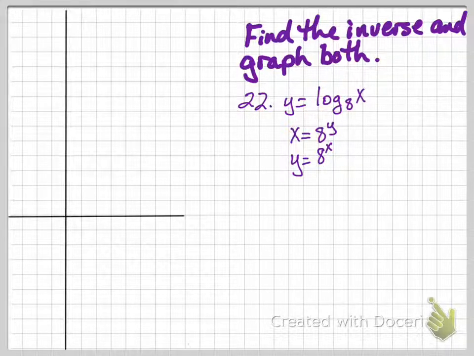Okay, let's graph the first one. So we have log base 8 of x. When x is 0, we have 1, just 1. When x is 1, we have 8.